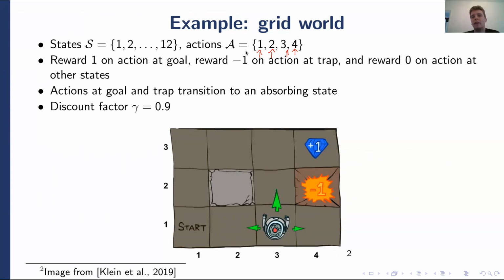Similarly, you could map the states in this environment to 12 numbers. So what would be the states in this environment? Well, the states could be just a description of where the agent currently is in the map. So maybe we want to number this state number 1, this state number 2, this state number 3, this state number 4, this state number 5.